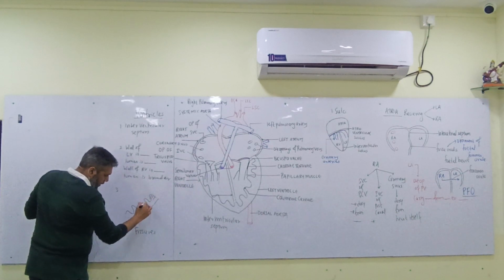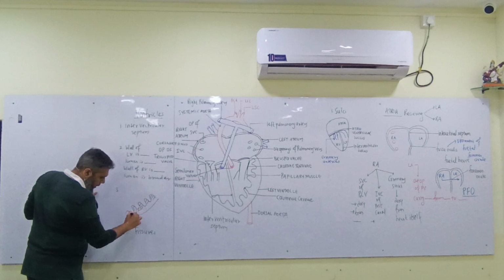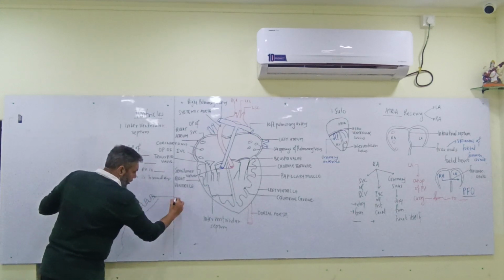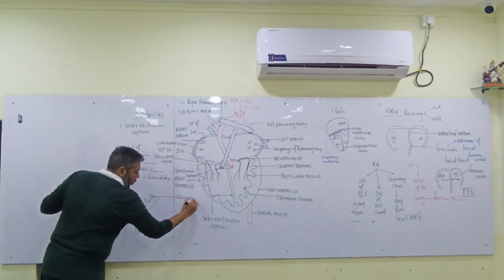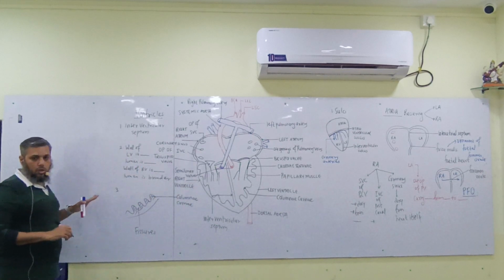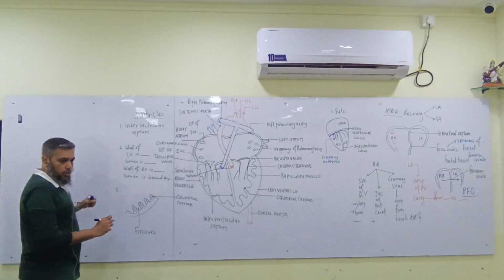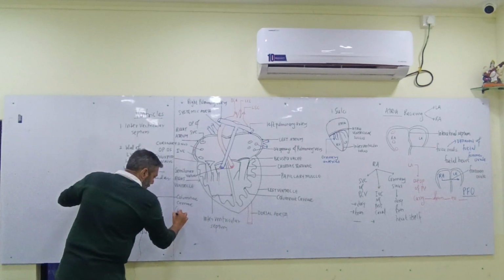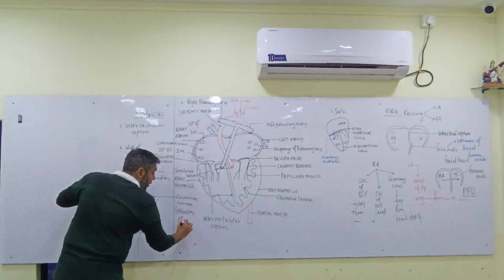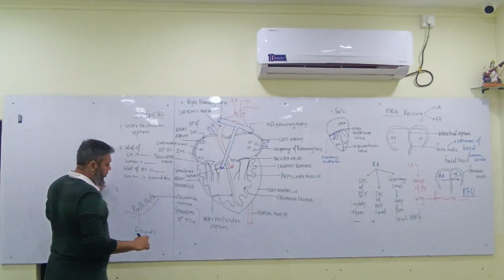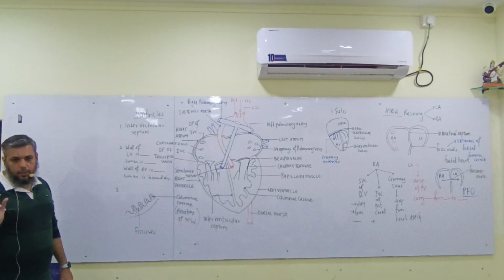And these thick elevations here, which I've marked like this, are called columnae carneae. What are they called? Columnae carneae. So what are the columnae carneae? They are the elevations of the muscular walls, MW, that is the muscular walls.